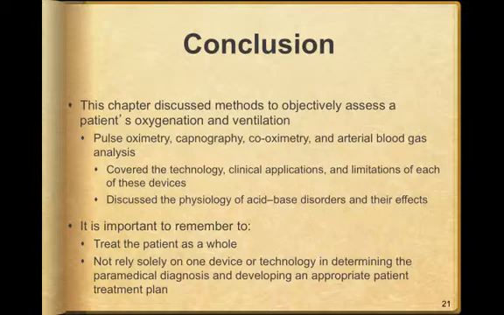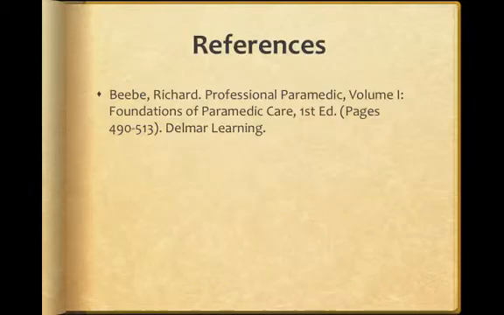It is important to remember, treat the patient as a whole, not relying solely on one device or technology in determining the paramedic's diagnosis and developing an appropriate patient treatment plan. References for this chapter can be taken from Richard Beebe, Professional Paramedic, Volume 1, Foundations of Paramedic Care, First Edition, pages 490 to 513 of Delmar Learning.